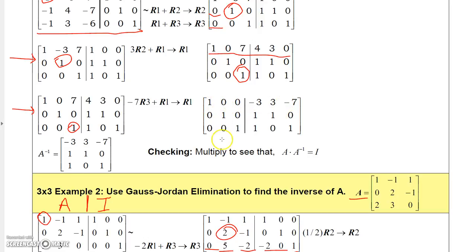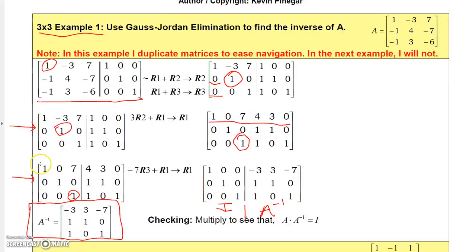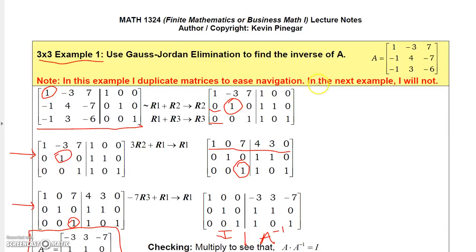And now on this side, of course, I have the 3 by 3 identity matrix, and once I get that 3 by 3 identity matrix on the left, I know I have that inverse on the right. And so let's identify our inverse matrix here. So that's the inverse of this matrix that we started with up here.